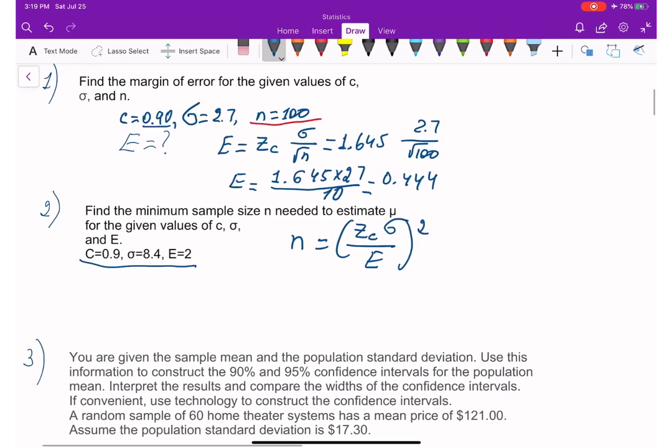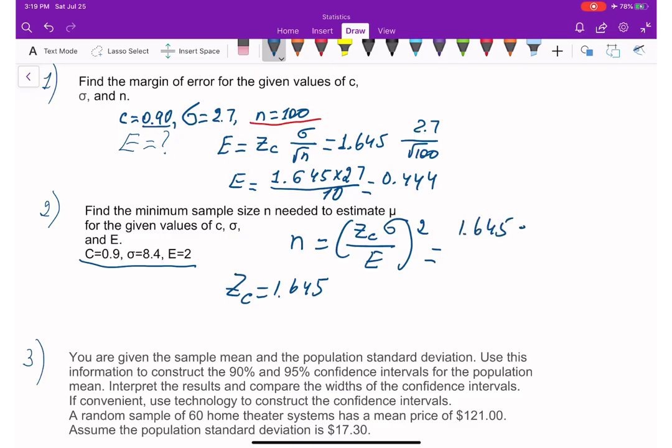Since we have 0.9, then z critical is going to be 1.645, right, from the previous problem. So 1.645 times sigma, 8.4, divided by margin of error, 2, and all that squared, we are going to get 48.